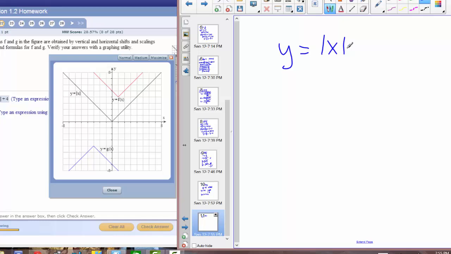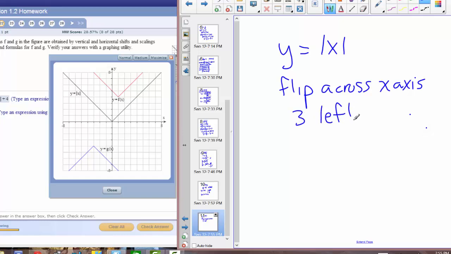For one thing, it looks like we flipped it upside down. Right, so we flip across the x-axis, and then after it's flipped, it looks like we went 1, 2, 3 to the left, and then we went 1, 2, 3, 4 down.